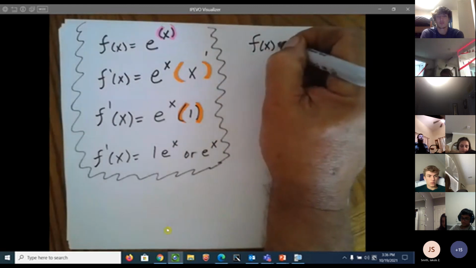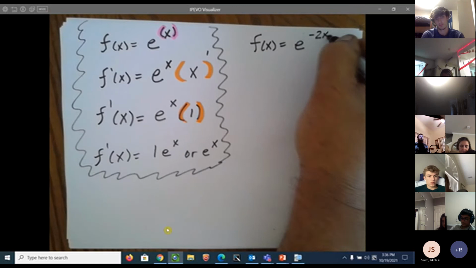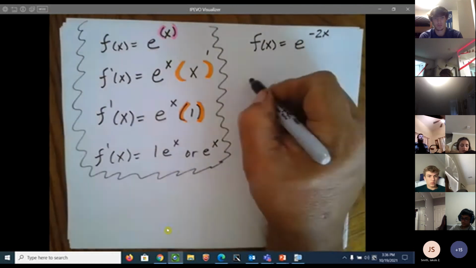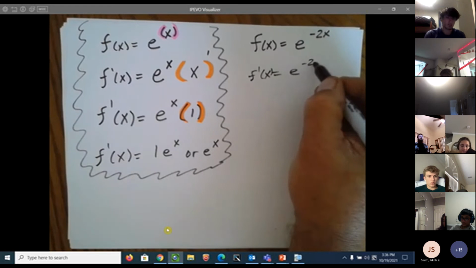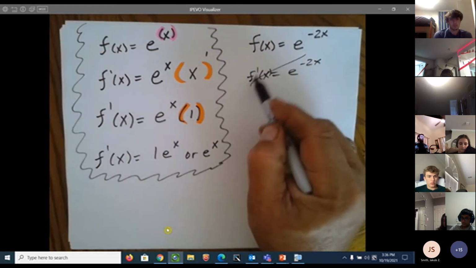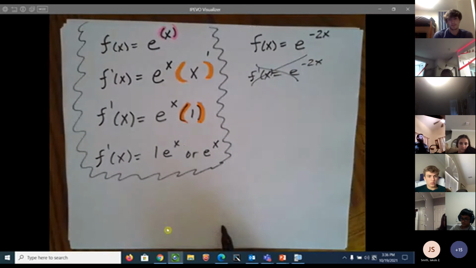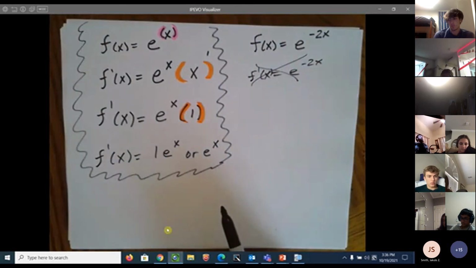f of x is equal to e to the negative 2x. And you go, okay, that's easy. f prime of x is equal to e to the negative 2x. And then what? You get it wrong. Because that's not the derivative of e to the negative 2x.